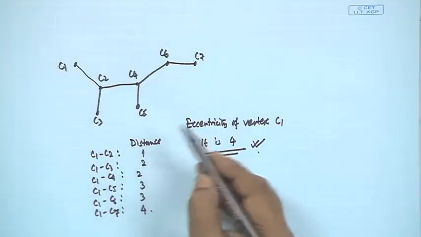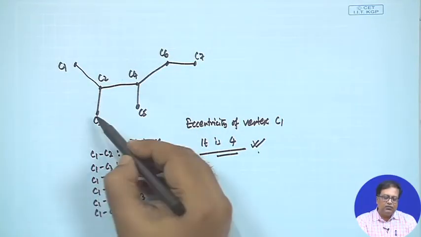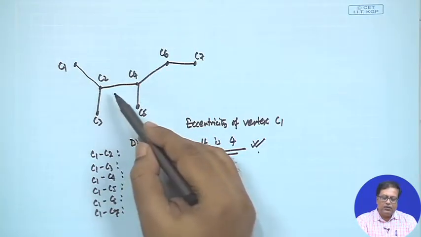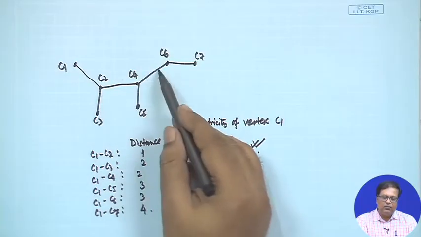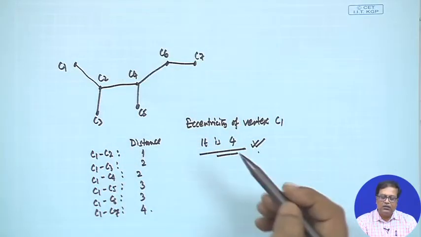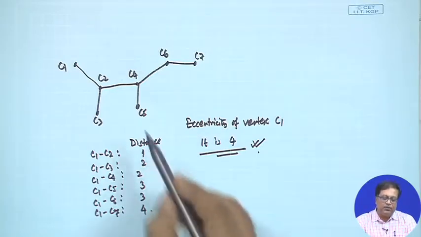So, can you find out the eccentricity of vertex C3? See, C3 would be this side 2, this side 3, this side also 1, 2, 3, 4, right. So, C3 also 4.